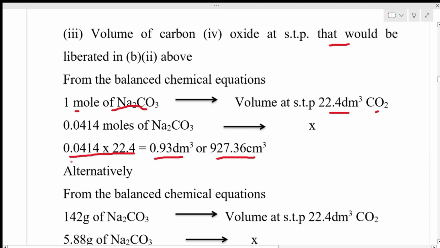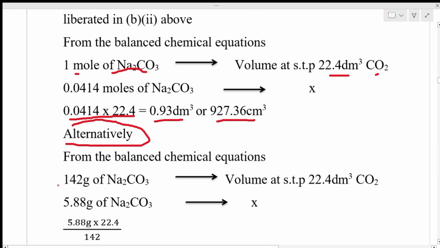Alternatively, if you want to go by mole, you can also go by the mass. You can go by 142 grams of Na2SO4 that gives us this.